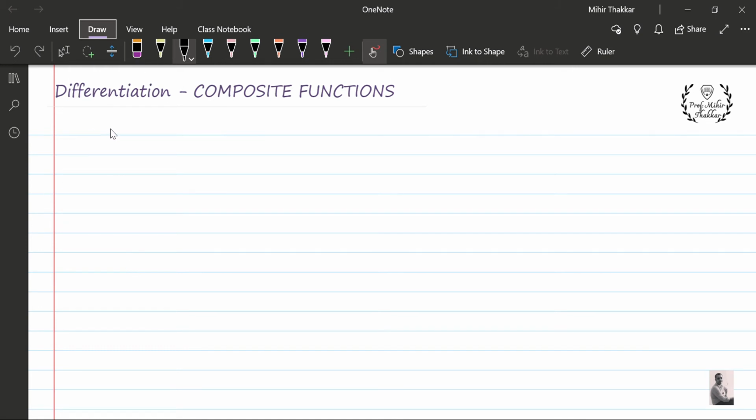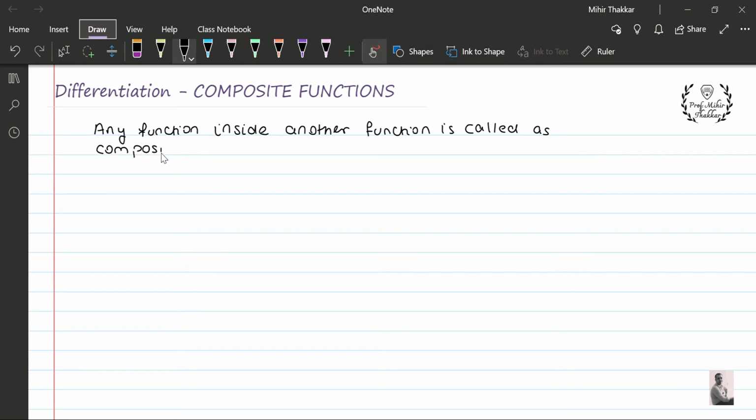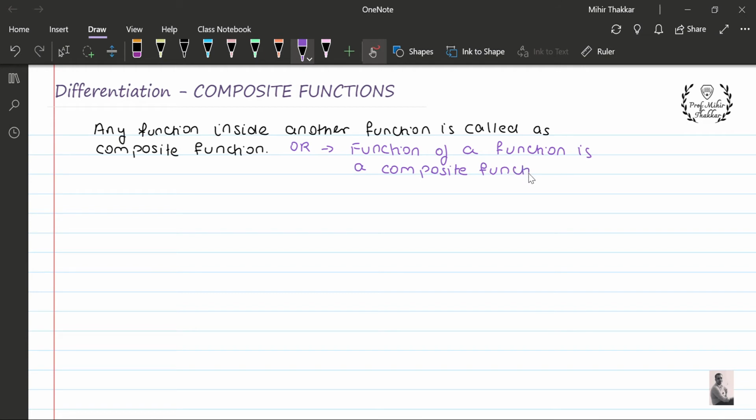So we say that any function inside another function is called a composite function, or we can say function of a function is a composite function.